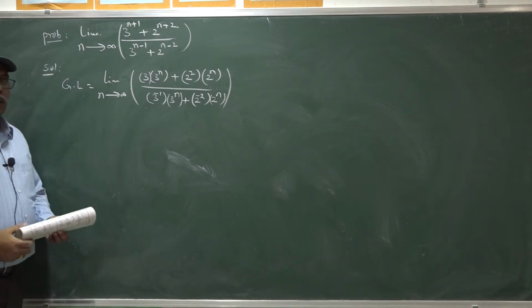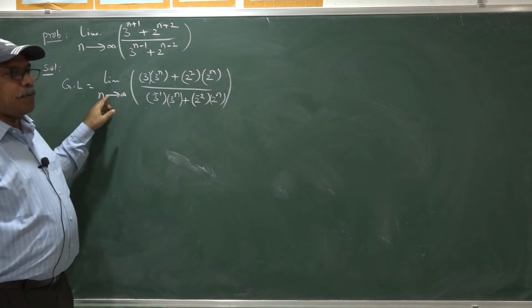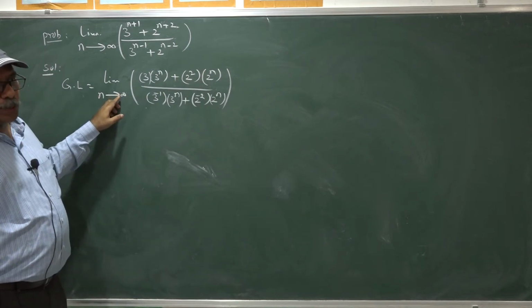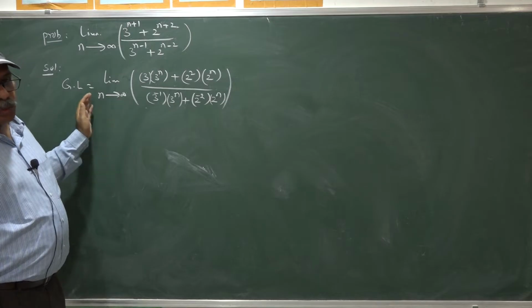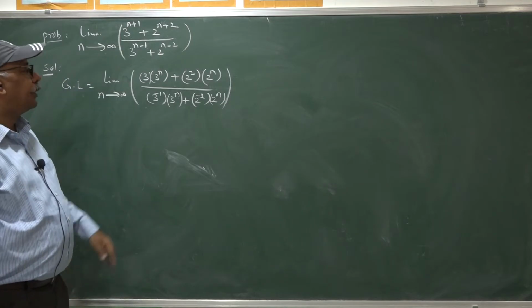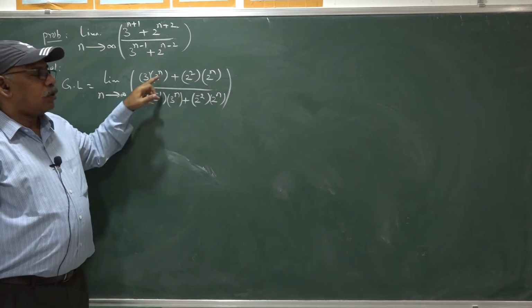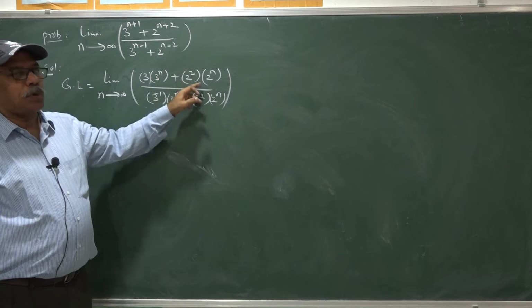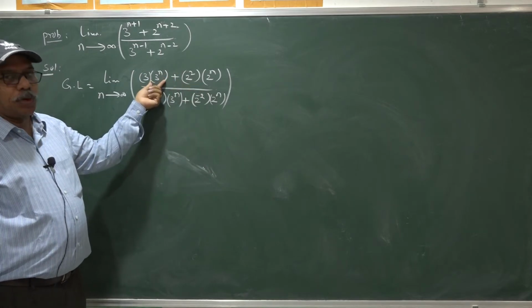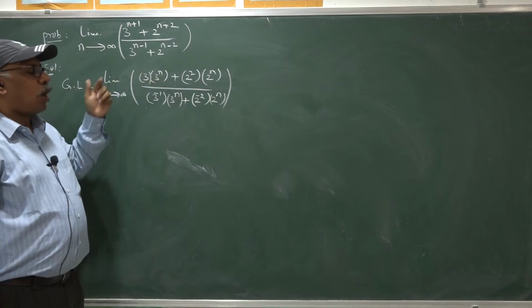Now, out of 3 power n and 2 power n, as n goes to infinity means n is positive and enormously large. In such a case, the bigger value is clearly 3 power n. Take that bigger term common.